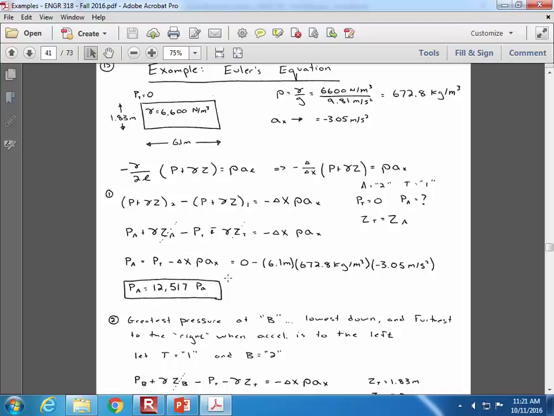So we have to be careful to have the minus sign for both of those.